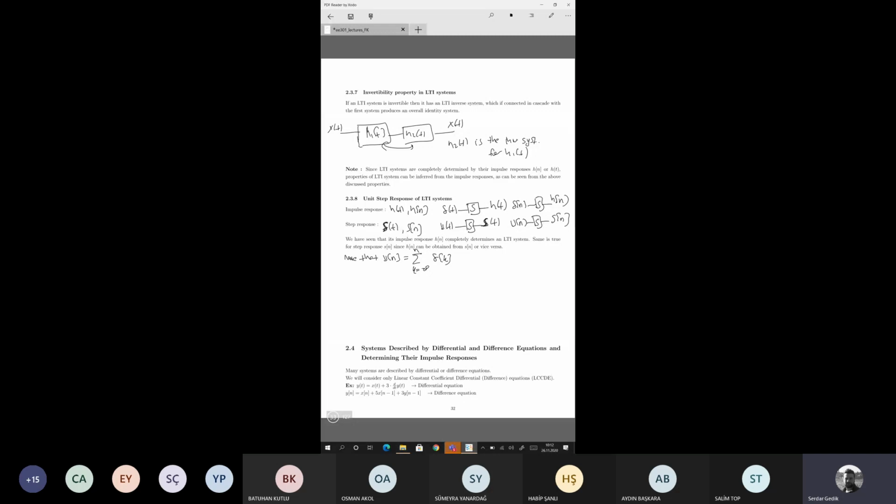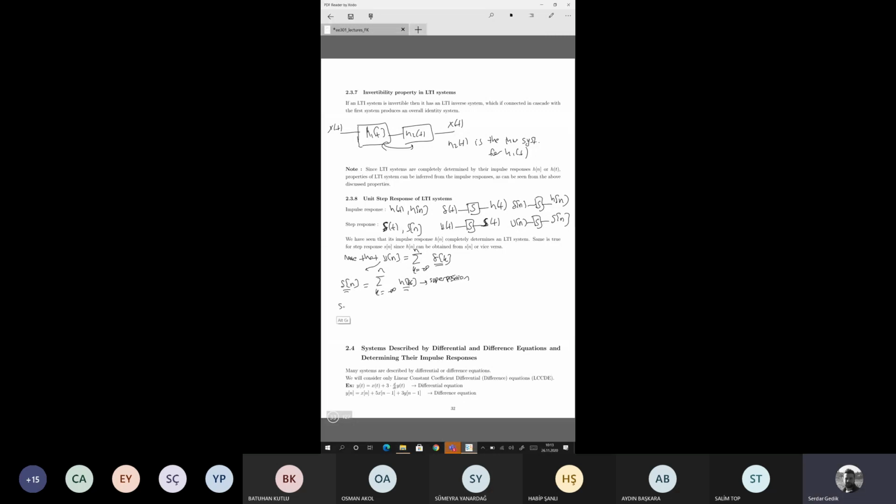So it tells you that actually s of n is nothing but the sum over k from minus infinity to n of h of k. So this is actually due to the superposition property. Remember, superposition tells you that if you sum the inputs, corresponding outputs are also summed. So if I sum those impulses, I can sum the responses to find the response for the sum signals.